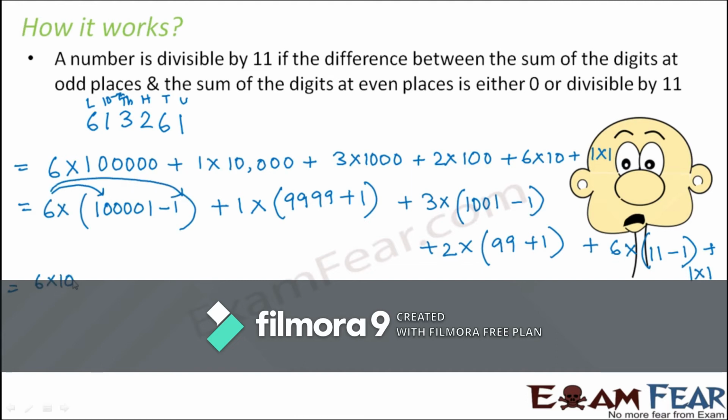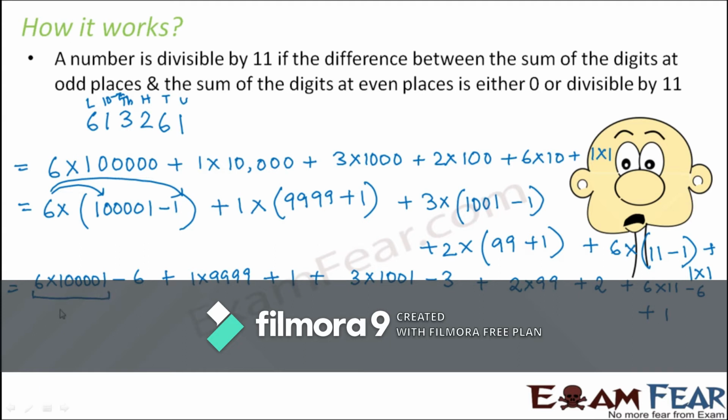So this is 6 into 1 lakh 1 minus 6 into 1, which is 6, plus 1 into 9999 plus 1 into 1, which is 1, plus 3 into 1001 minus 3 plus 2 into 99 plus 2 plus 6 into 11 minus 6 plus 1. So this is what we get.